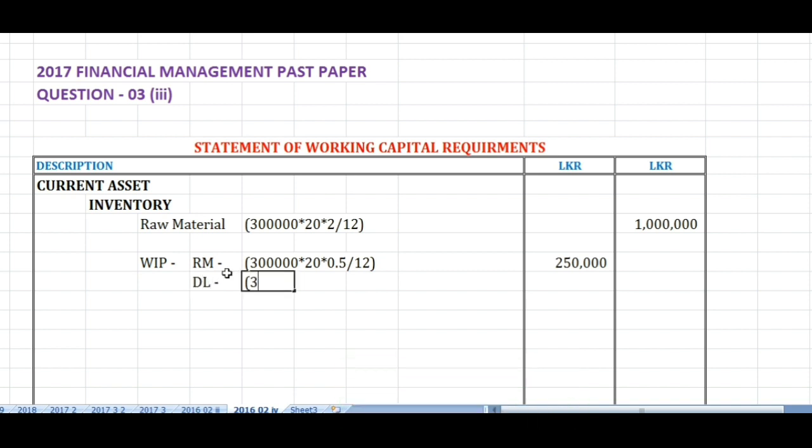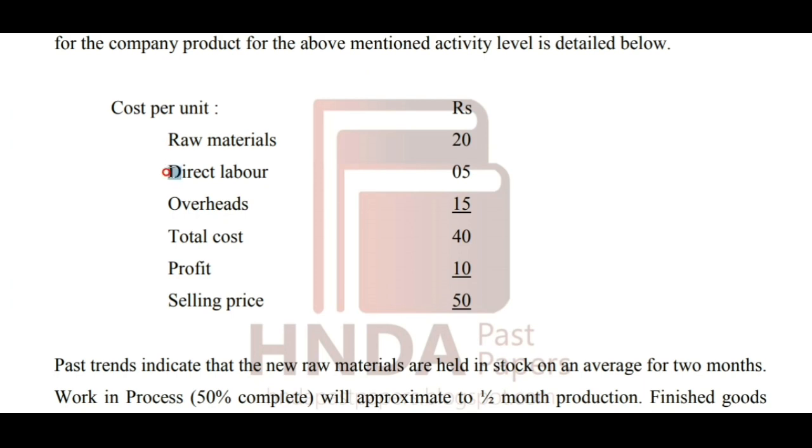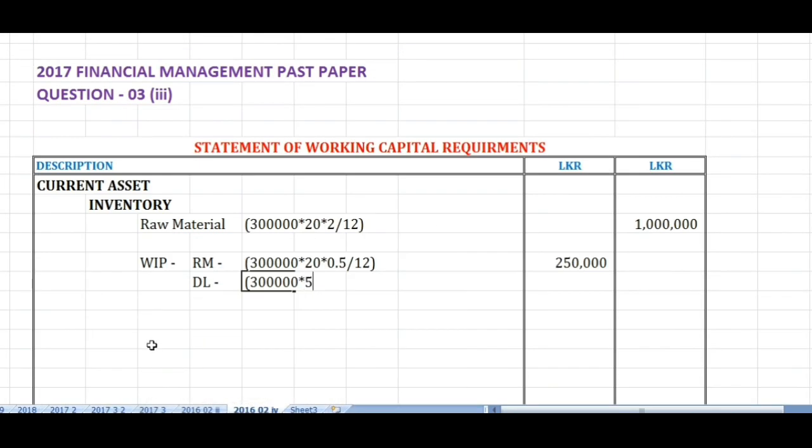Direct labor value. 300,000 activity level for the year. Direct labor per unit is 5 rupees. 5 rupees into half month, 62,500 rupees.